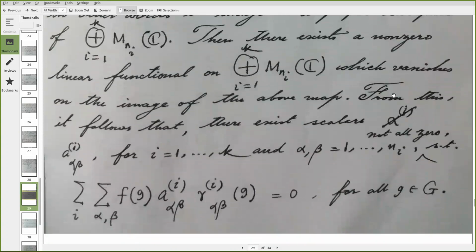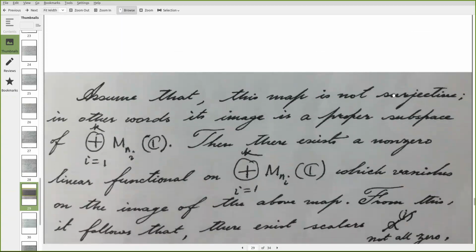What happens if it is not surjective? If that is not surjective, then the image will be a proper subspace of this, and whenever we have a proper subspace of a vector space, then we will have a non-zero linear functional defined over the vector space which vanishes identically on the proper subspace.